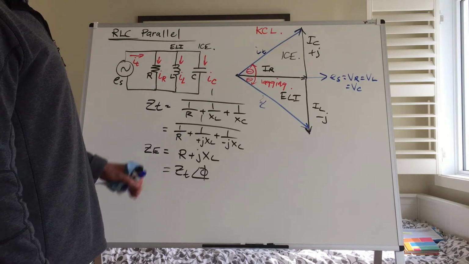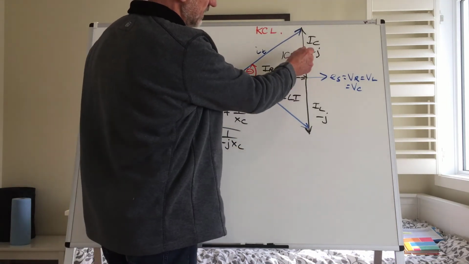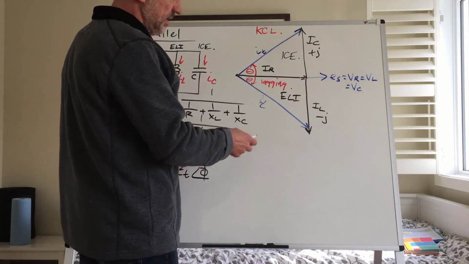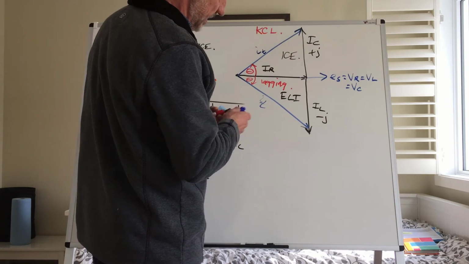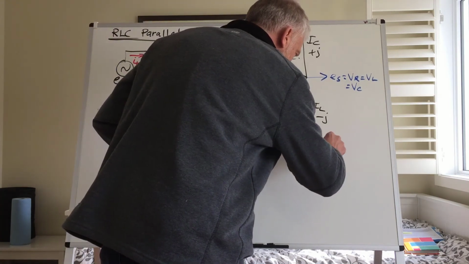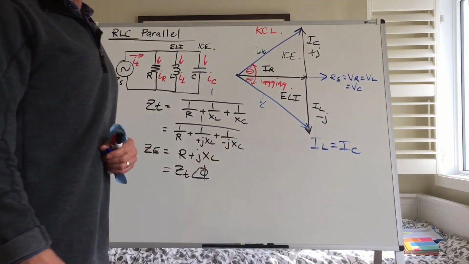How is that possible? What we have to realize here is when we're looking at this, it clearly is possible. What if you had an IL value equal to an IC value? So let's just suppose we had IL equal to IC.